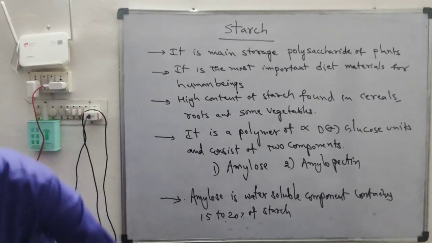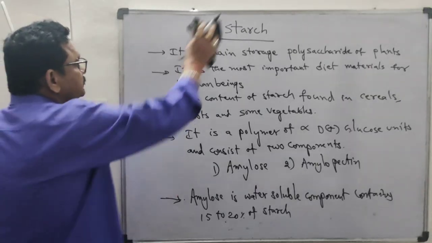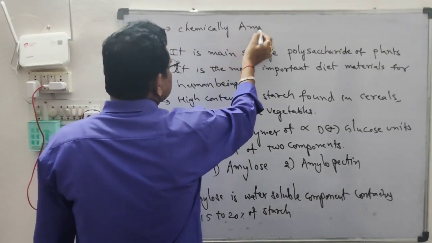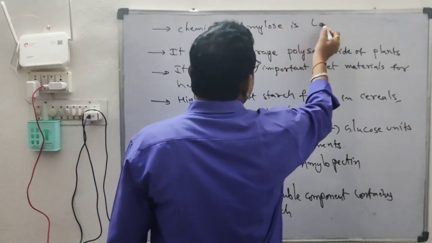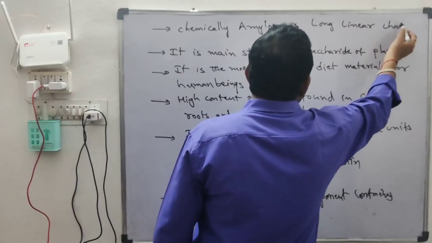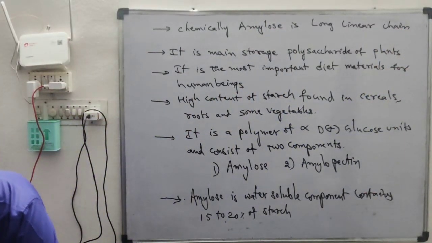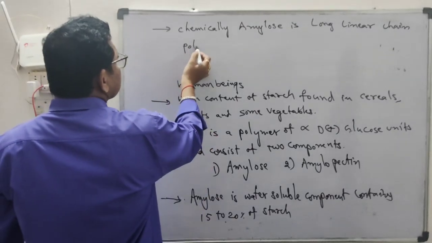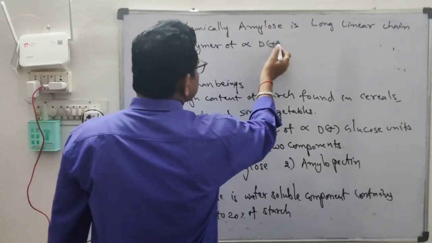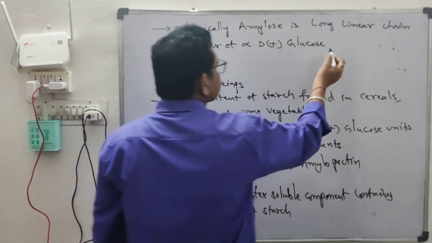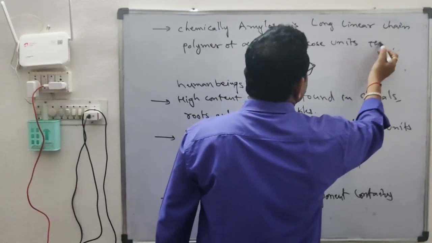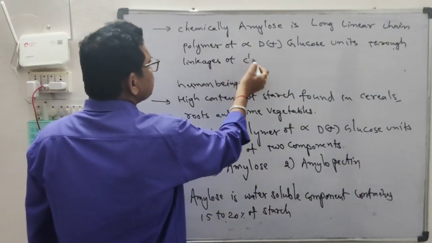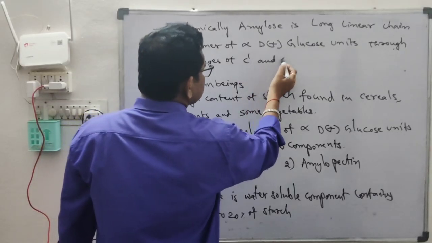Okay, chemically amylose is a long linear chain polymer of alpha D plus glucose units through linkages of C1 and C4.